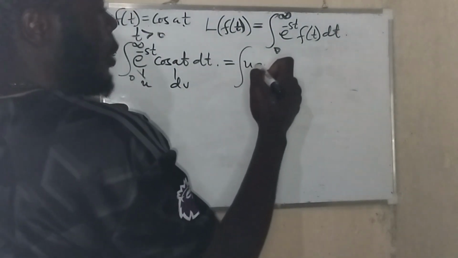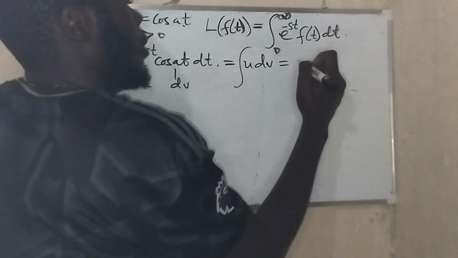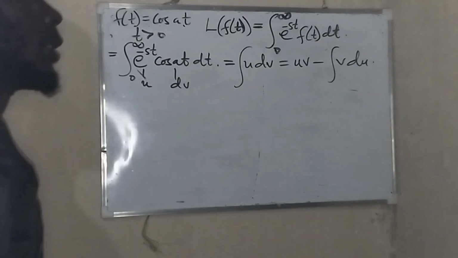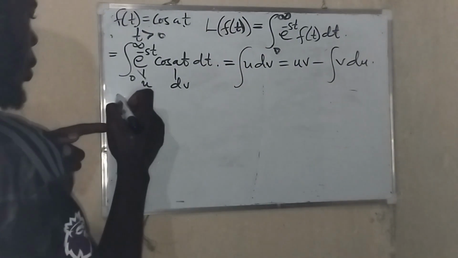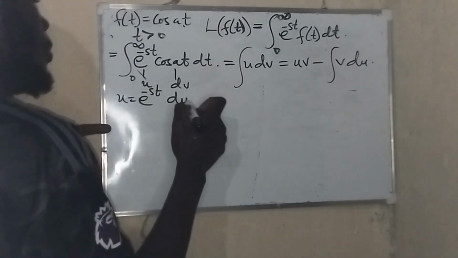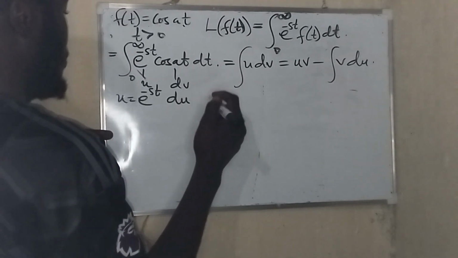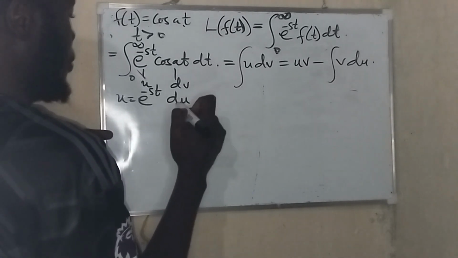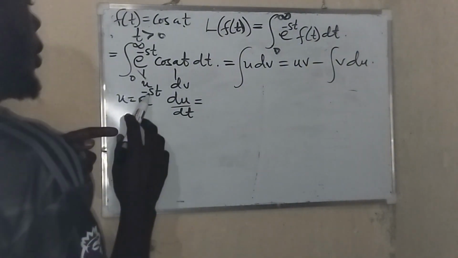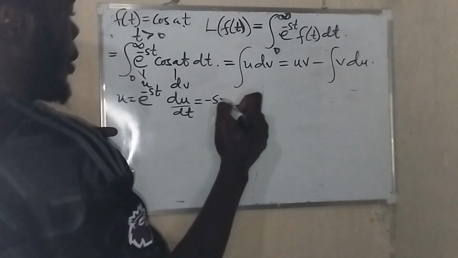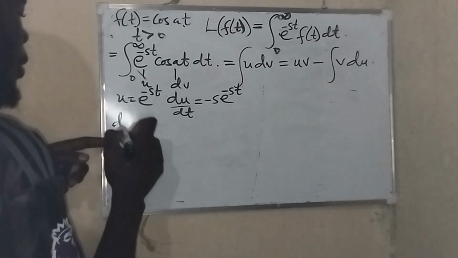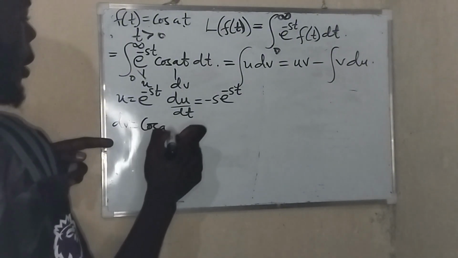If you have u dv, this one is uv minus the integral of v du. So your u is exponential negative st, so du by dt, if you differentiate, will be negative s exponential negative st. Then your dv, we have cos at.